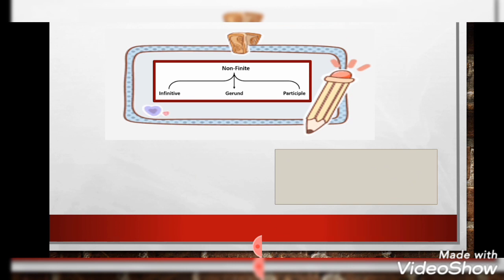Okay. Now come to the main part. We know the non-finite verbs will not stand by its own. It will have to take the help of either infinitive or gerund or participle. Now what are these? Infinitive. Infinitive is formed by placing to before the root verb.